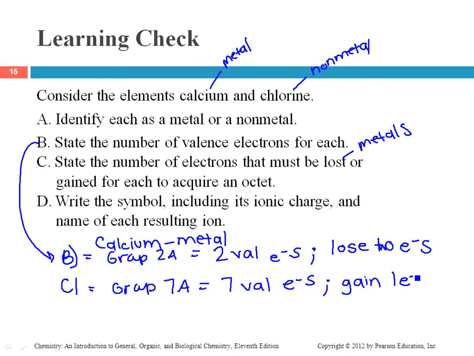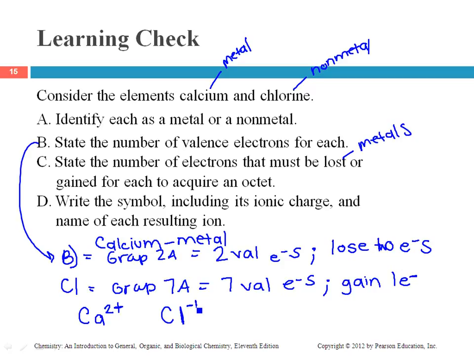We show this ionic charge whenever we write the symbols for these ions, representing the electrons that are lost or gained. Calcium loses 2, and so it has a 2+ charge. Metals form a positive ionic charge. Our non-metal is chlorine, and it's going to have a -1 charge.